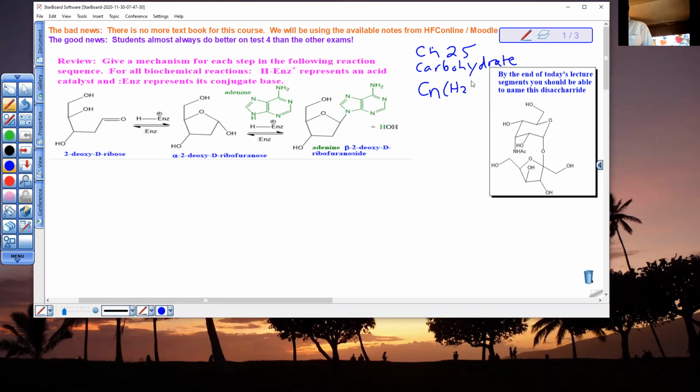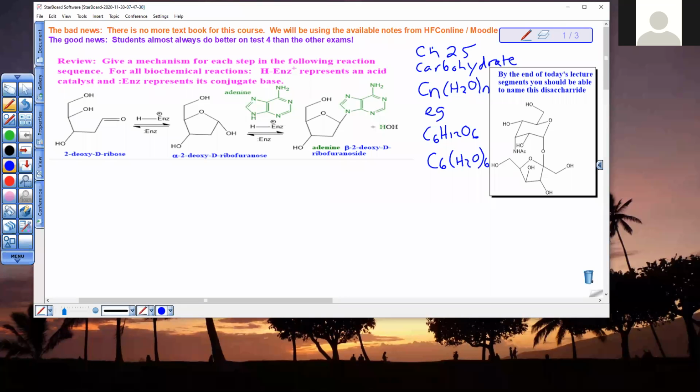And a lot of you have had some biology, and you think of molecules like glucose, that's C6H12O6. If you want to break that down into how many carbons and how many waters, the answer is 6. C6 water 6 times. So that's where the word carbohydrate comes from.